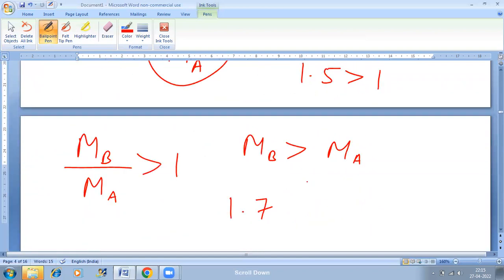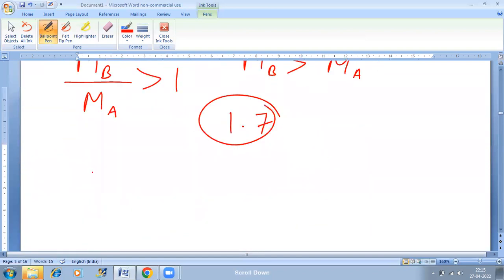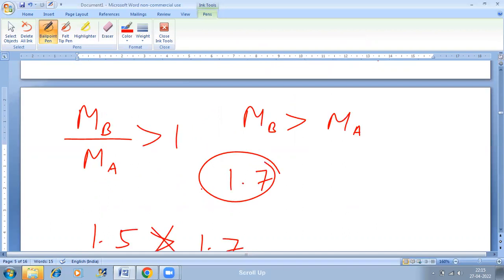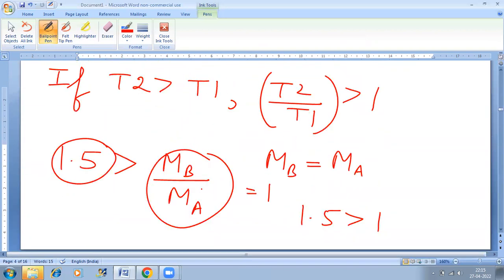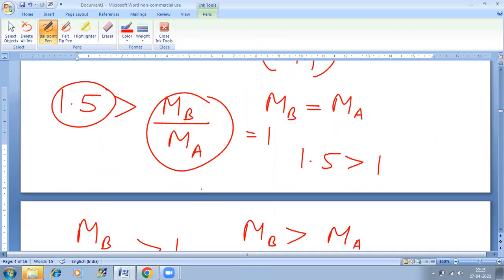Now is 1.5 greater than 1.7? No. That means it is not necessary that this inequality holds true if MB is greater than MA. Hence, option A cannot be correct because the word necessarily is used in the question if you read the question carefully.